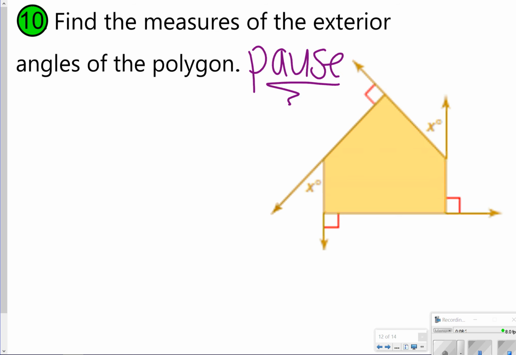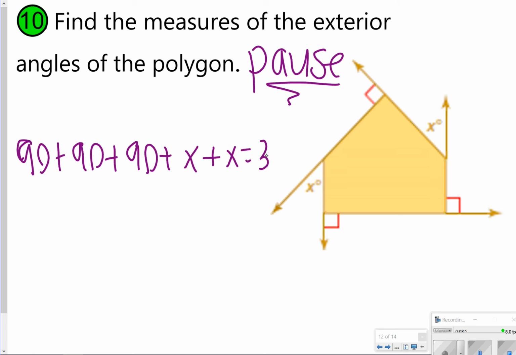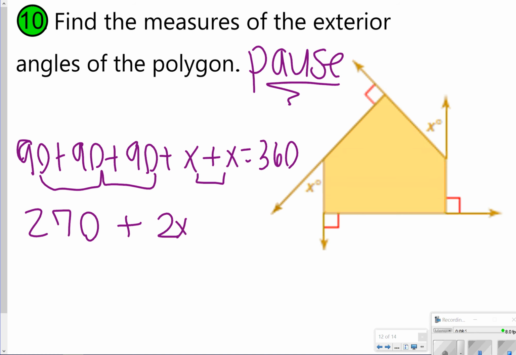Okay, so what I did here is I wrote my equation, so 90 plus 90 plus 90 plus x equals 360, and then I combined my like terms. All three 90s equal 270, and both the x's equal 2x, and that's equal to 360 degrees.